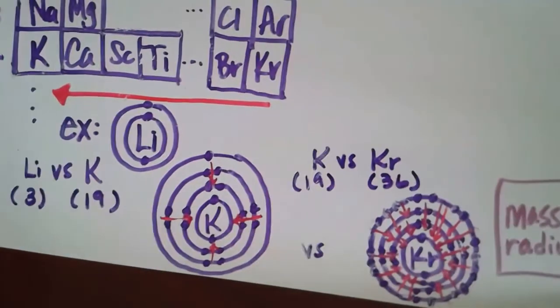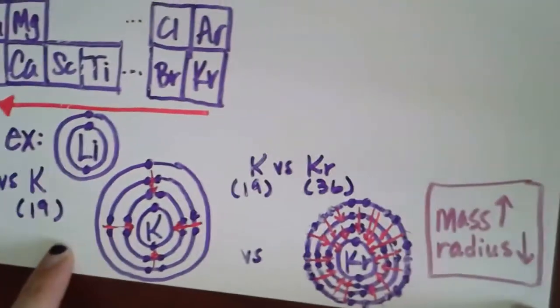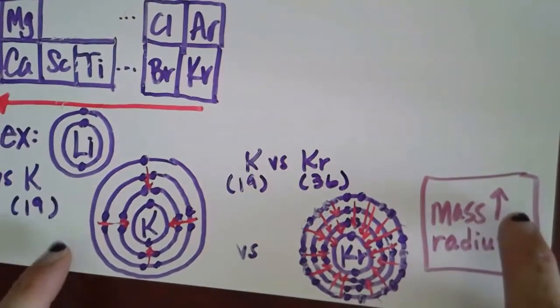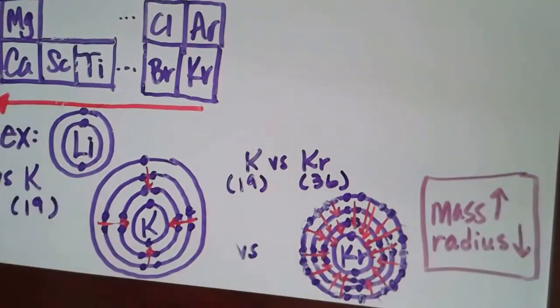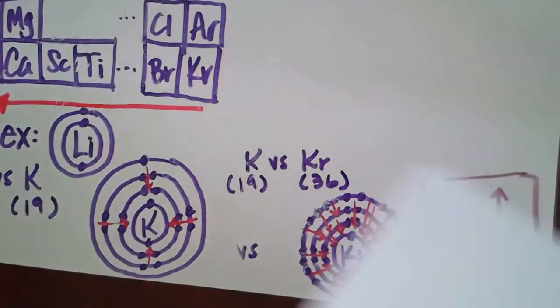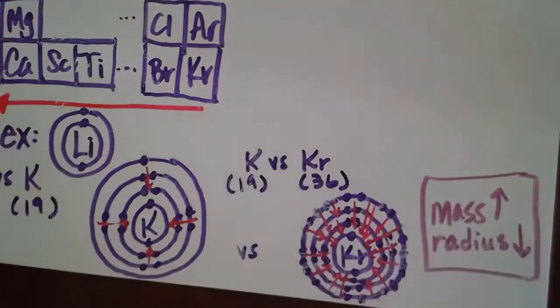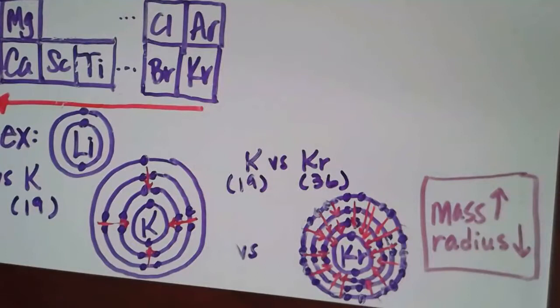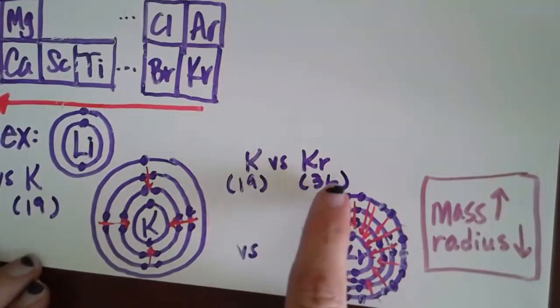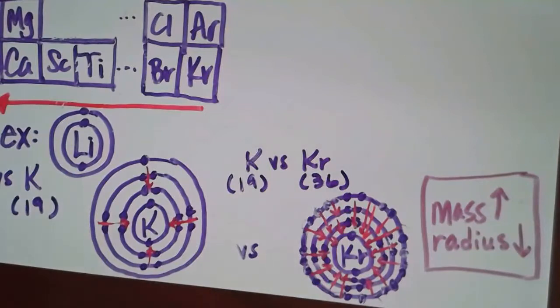Here's why. Yes, your mass gets bigger. Of course, you're going from potassium, which has a mass of roughly 40, all the way over to krypton, which has a mass of roughly 85. And in addition, you're going from 19 electrons to 36 electrons. So you would say, yeah, of course it gets bigger.